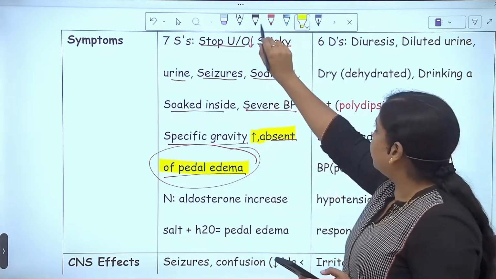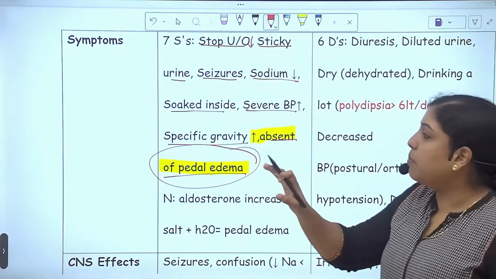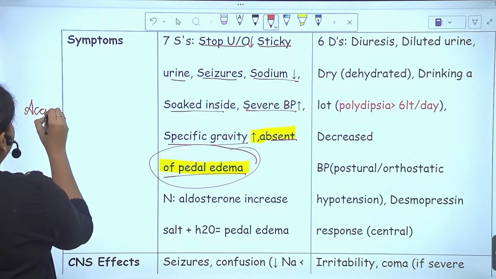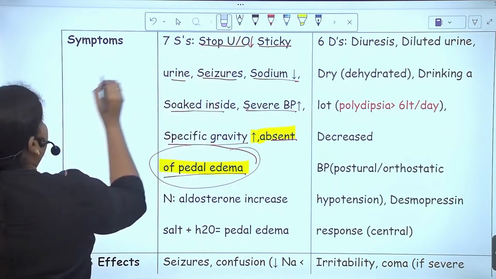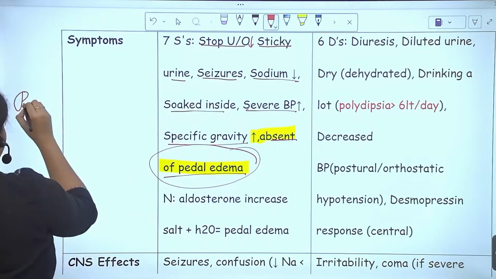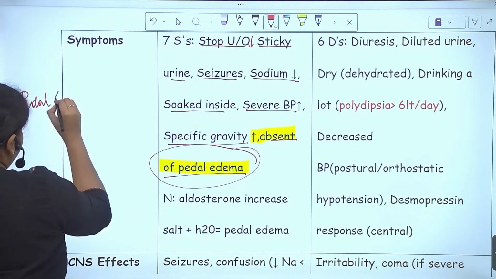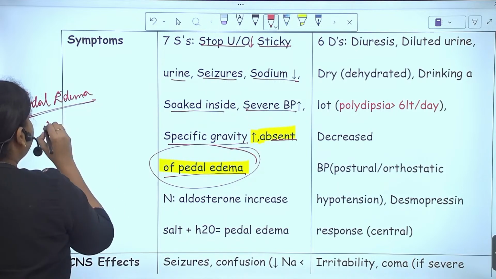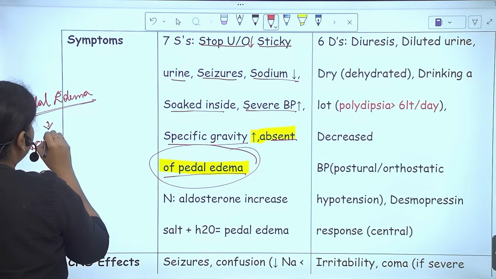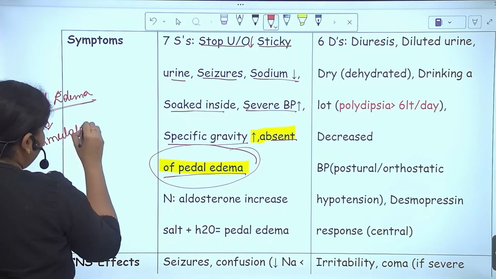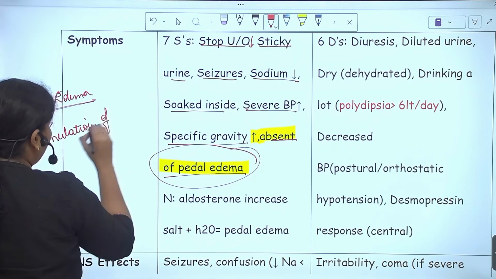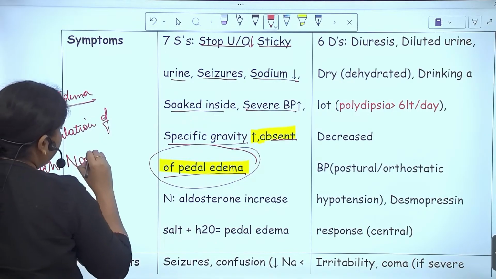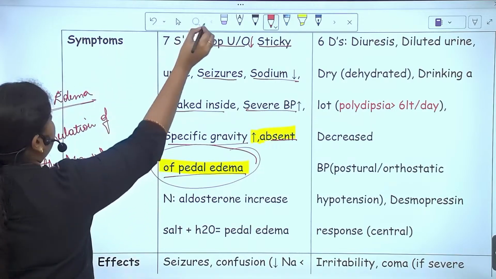Always remember, pedal edema happens because of accumulation of both sodium and water.